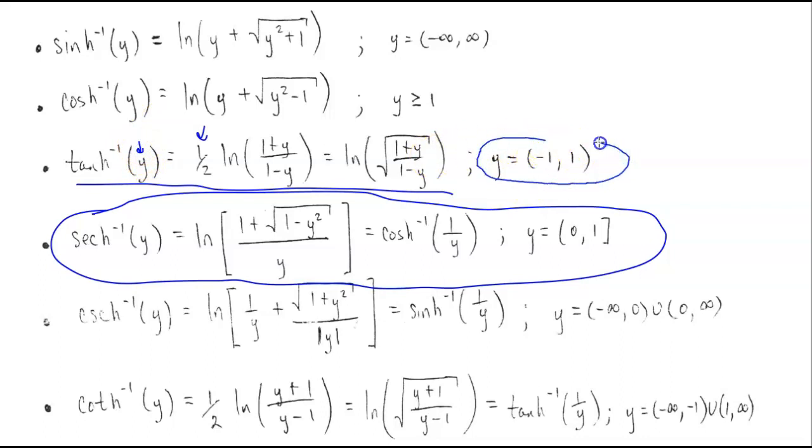That actually fits within the domain of the function. And I mentioned that to say that just because we have these logarithmic equivalents of what these inverse hyperbolic functions are, we do have to be mindful of what the domain of these functions are. Because, for instance, we can't take tan hyperbolic inverse of 2, okay? That's undefined.